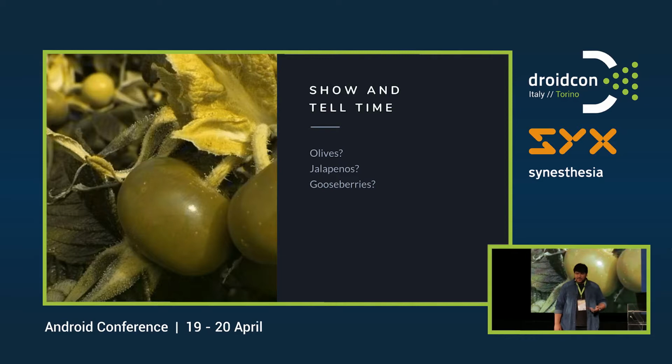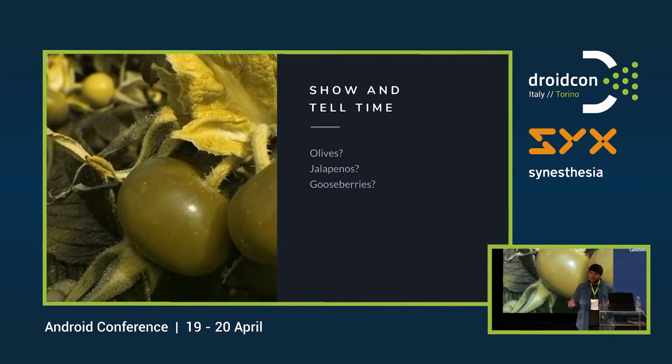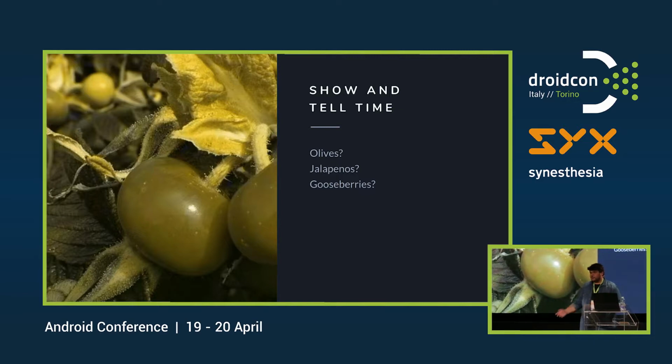Does anyone else have any other ideas? Gooseberries? Okay, yeah, that's one of the most common suggestions. You'd be really surprised. I think only 2 people out of maybe 30 people that I spoke to actually had the correct answer. They're tomatoes.